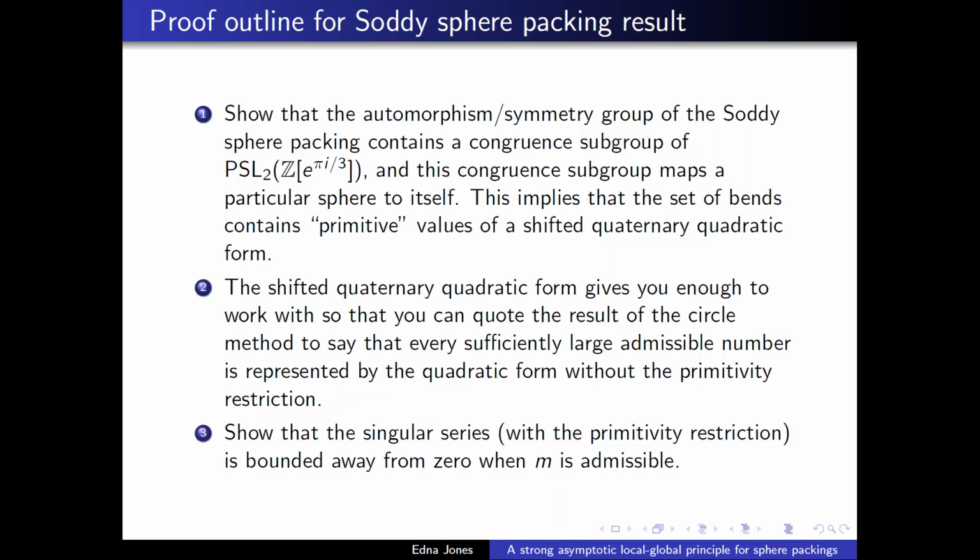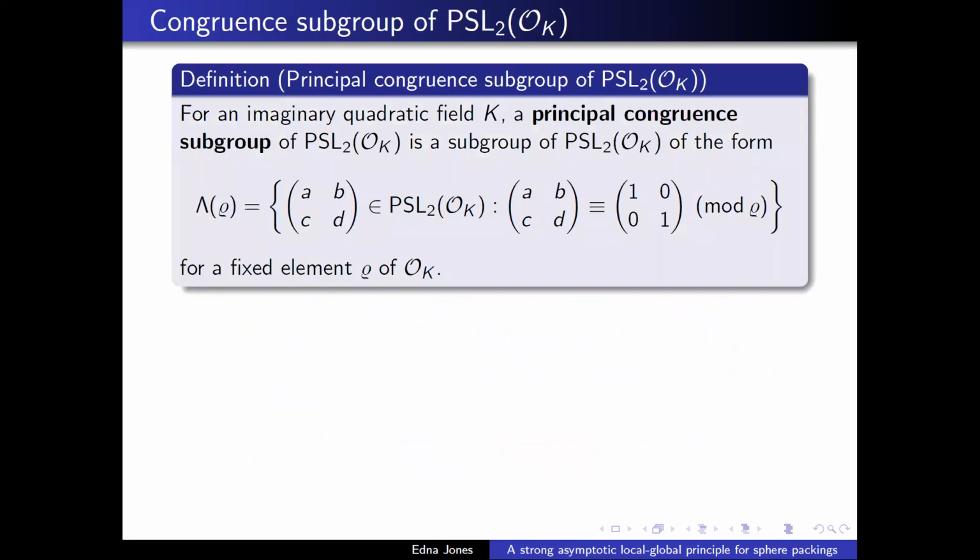Okay. So I'm going to define what I mean by a congruence subgroup of PSL2 of the Eisenstein integers, actually for a ring of integers. For an imaginary quadratic field K, a principal congruence subgroup of PSL2 of O_K is a subgroup of the form here, where the matrices are congruent to the identity mod some fixed element in our ring of integers.